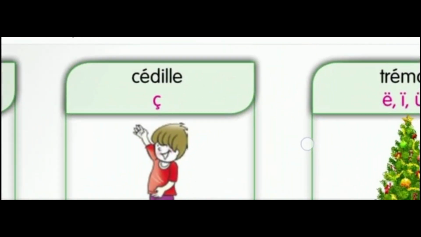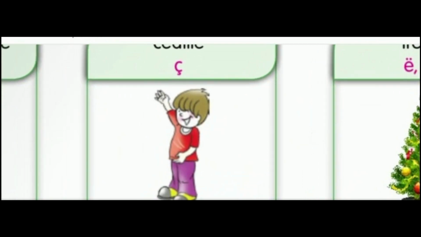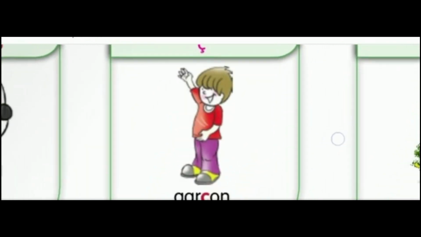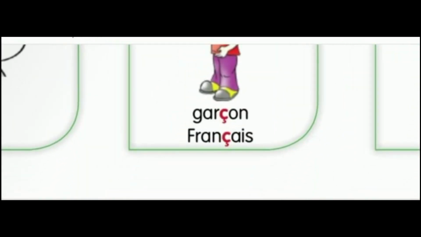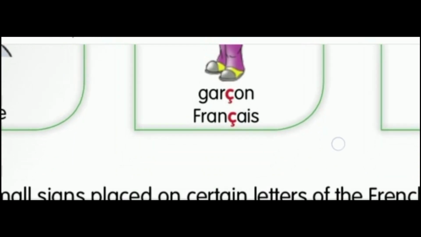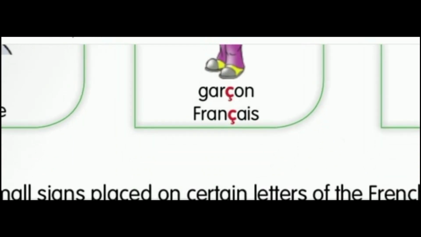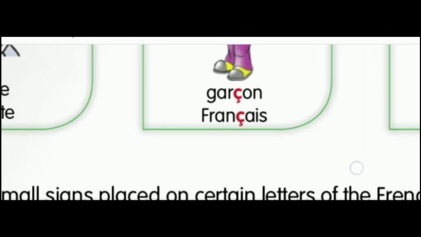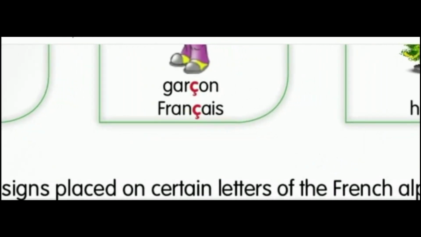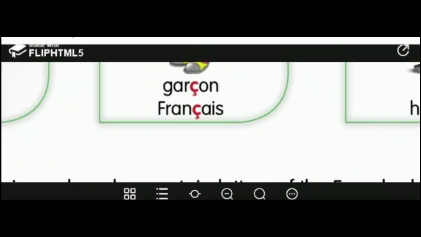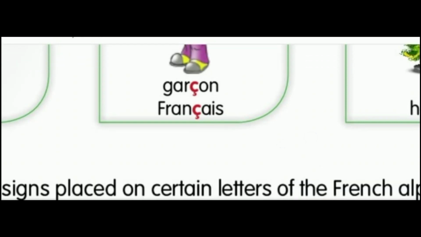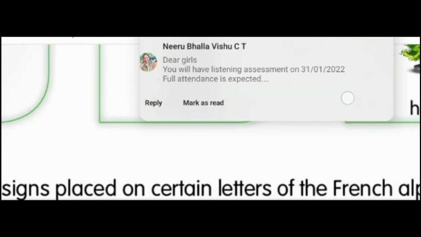Then going on to the next one, we have the cédille. The cédille is put under C. The first example is garçon, which is boy, and français is French. Français is a nationality that you will learn in other chapters. If you are Indian, you will say Indian, but the one who is French, we say français.